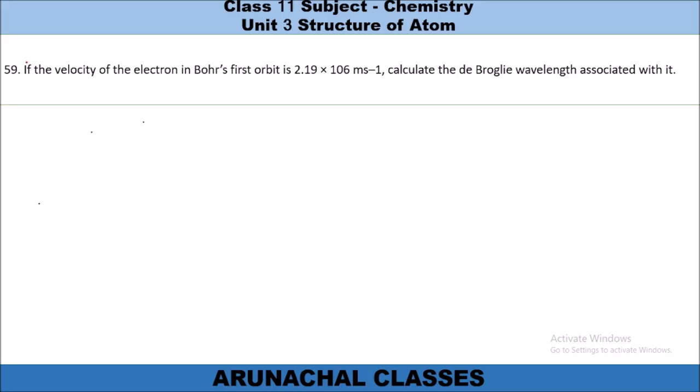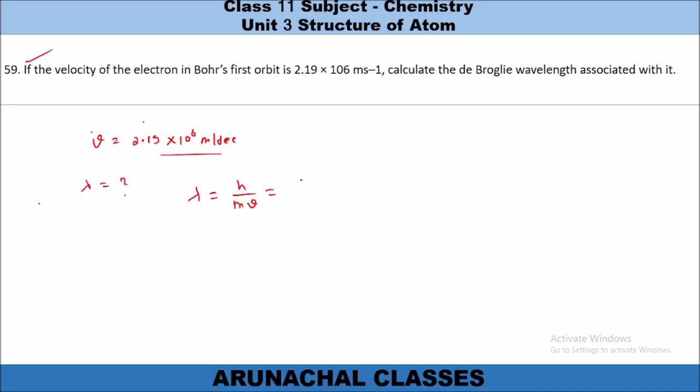Here question 59 is: if the velocity of electron in Bohr first orbit is given as 2.19 into 10 power 6 meter per second, calculate the de Broglie wavelength associated with it. So here lambda is equal to h upon mv.